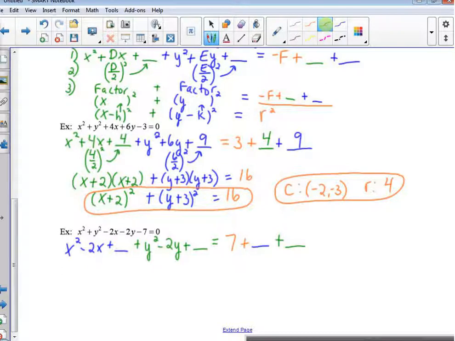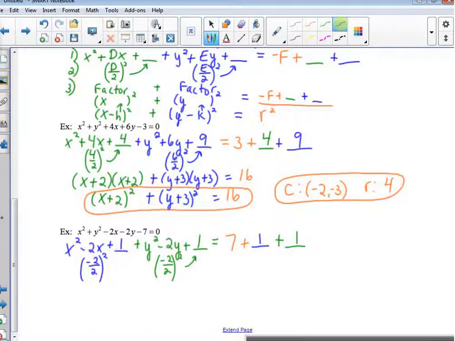I'm going to go back here and go -2 divided by 2 squared. That's going to be +1. And then I take -2 divided by 2 squared. That's also +1. So I'm adding 1 and 1. I have to keep an equation in balance. If I add something to one side, I have to add the same amount to the other side.